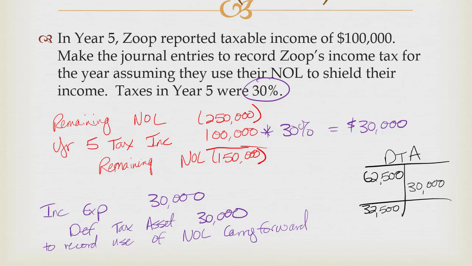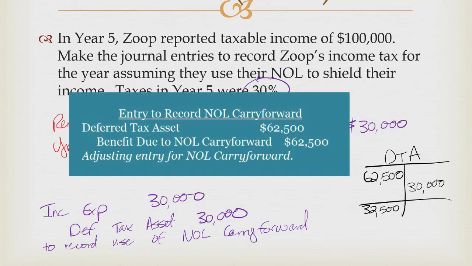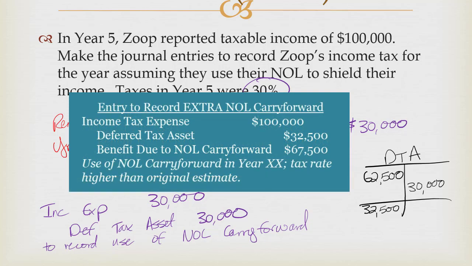Now I estimated this deferred tax asset at 25%. If I'm able to shield at tax rates higher than the 25%, eventually I'm going to get an extra bit of a gain from this deferred tax asset. We showed a benefit due to loss carry forward. We'd have an additional benefit due to loss carry forward as we used this deferred tax asset to cover more than just the $32,500 that's remaining.